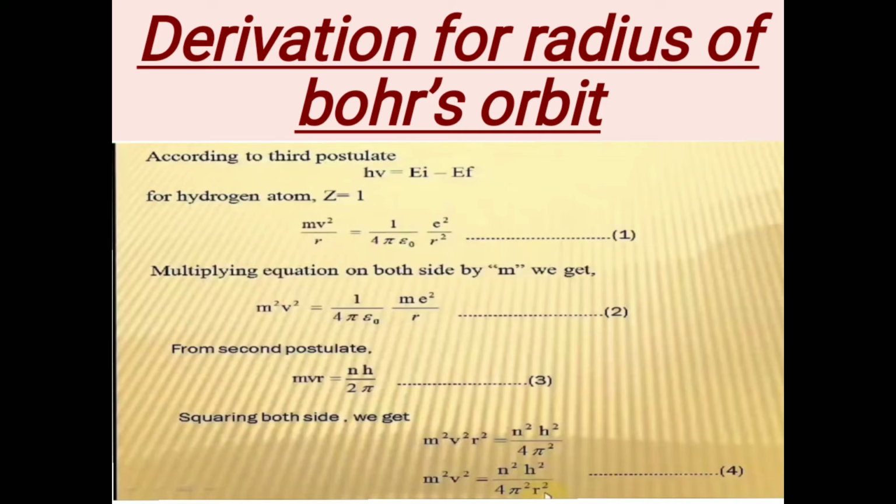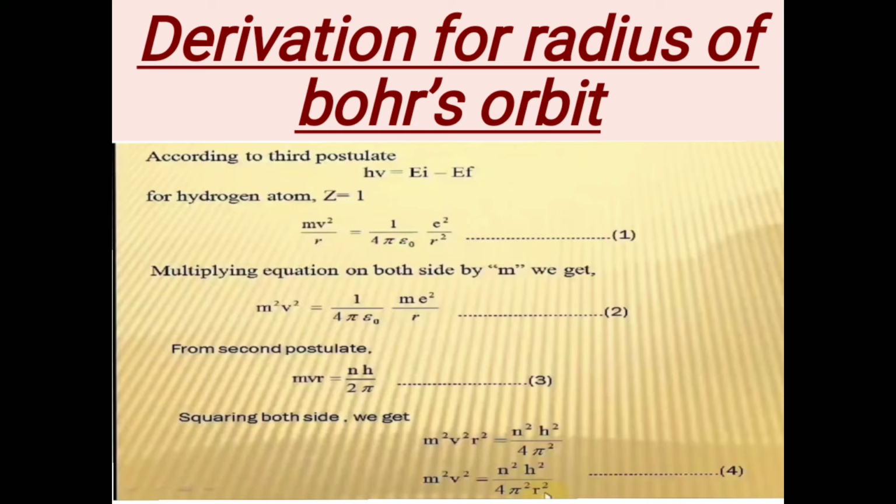For hydrogen atoms, Z is equal to 1. Now, according to the first postulate of Bohr's theory, mv square divided by r is equal to 1 upon 4 pi epsilon 0 times e square divided by r square.